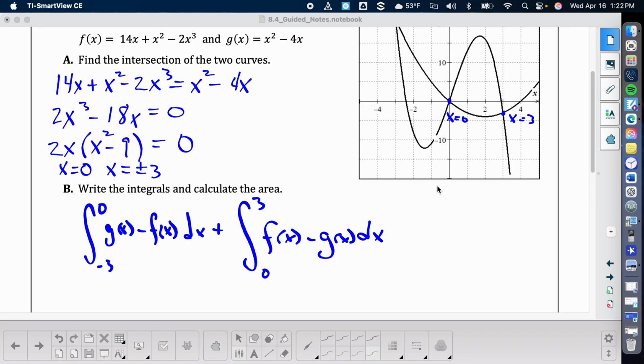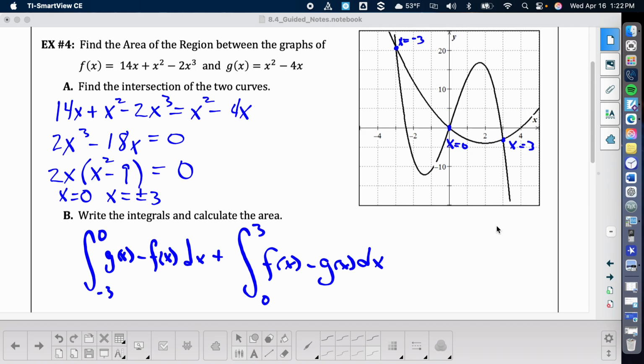I'm just a little confused how you got the g of x minus f of x. Like looking at the graph, because there's two. Yes.